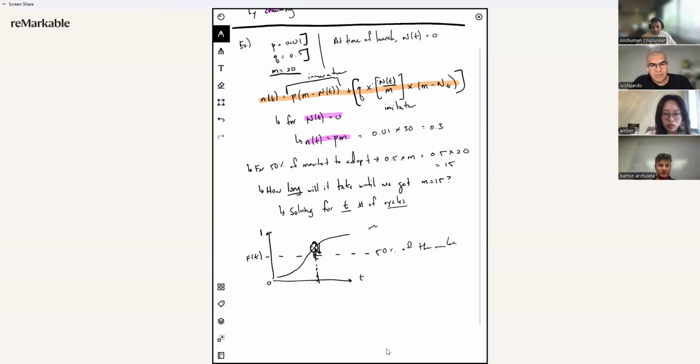What it's really trying to get to is at how many time cycles do we have half of the market, right?